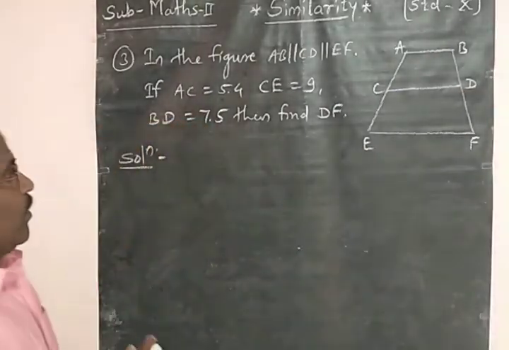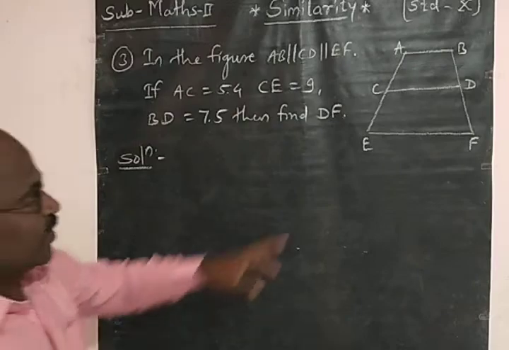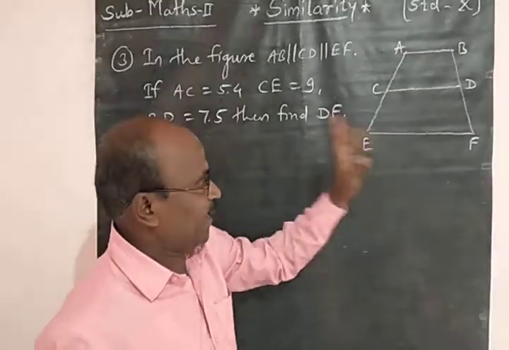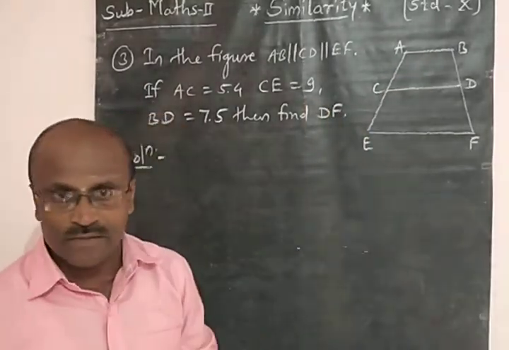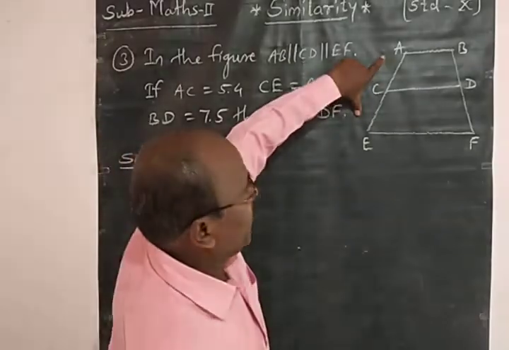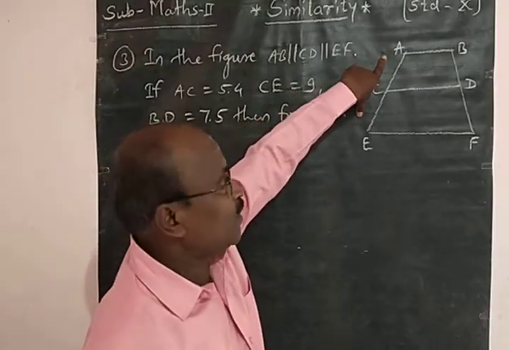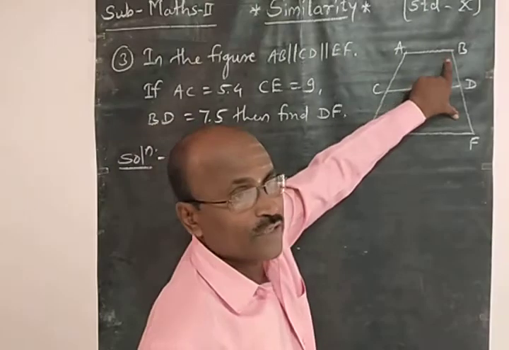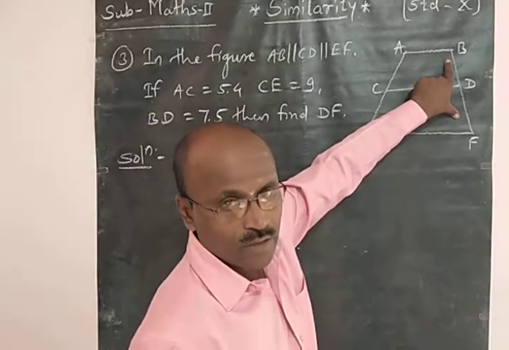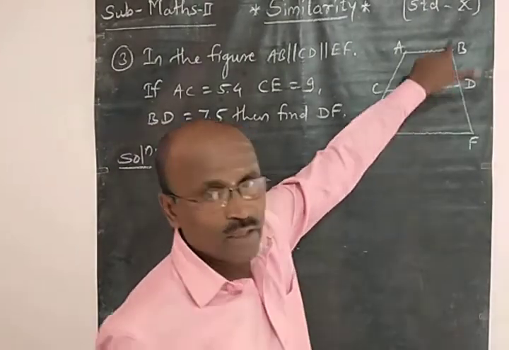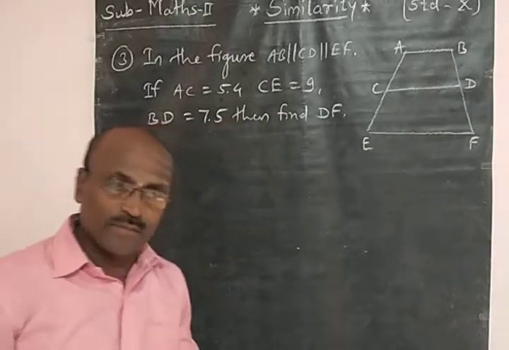Okay. Now look here. Here these AB, CD and EF are three parallel lines, and AE is one of the transversals and BF is the other transversal. So we have studied the property of three parallel lines.